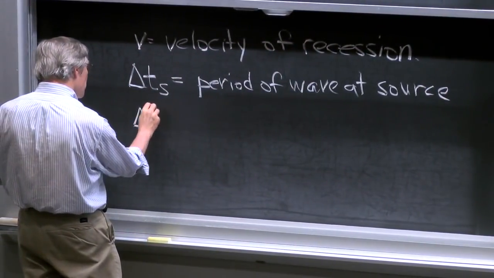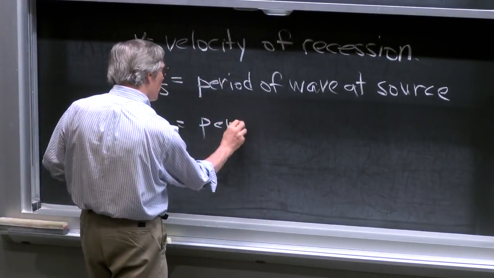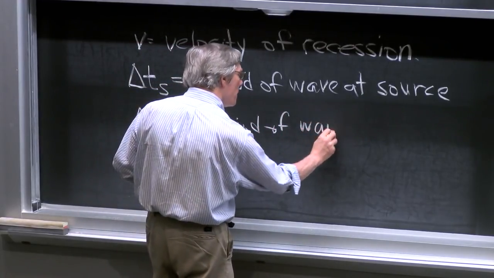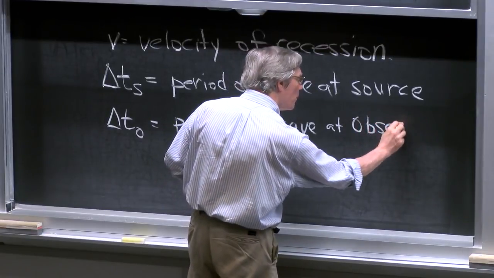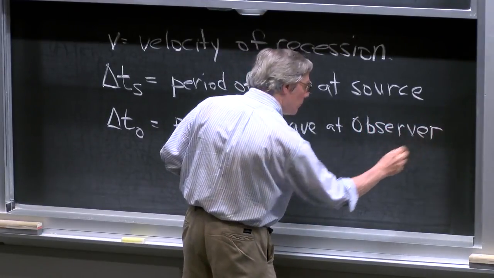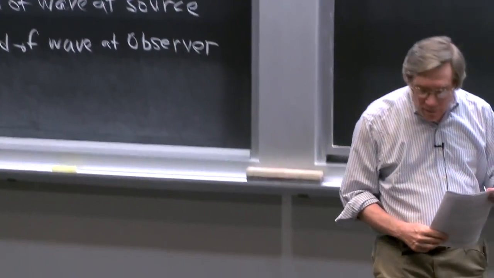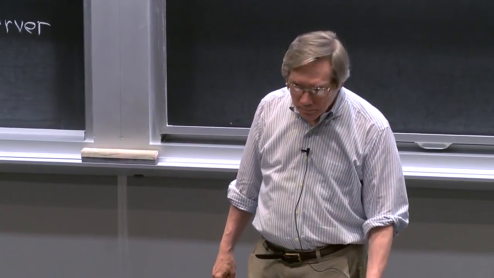And delta t sub o will be the period of the wave at the observer. And what we're trying to calculate is the relationship between delta t sub o and delta t sub s.